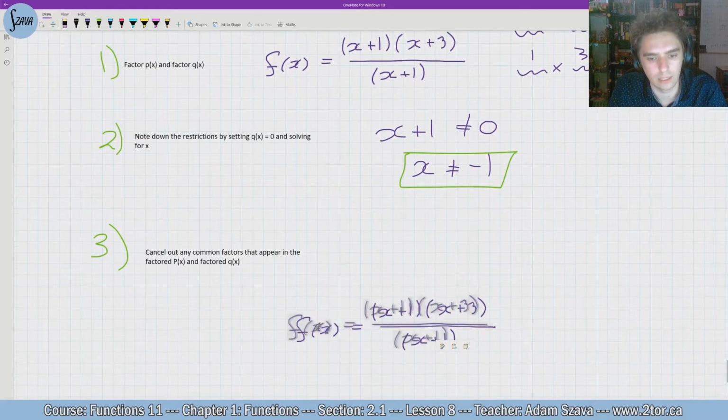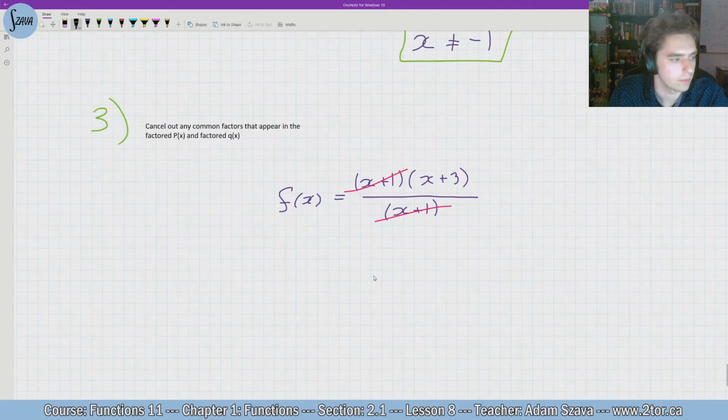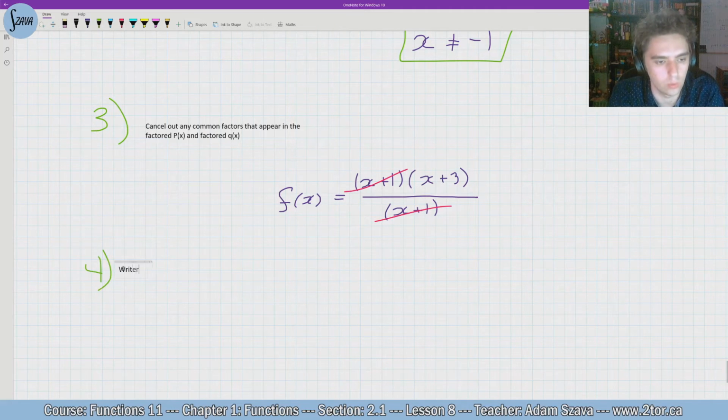Cancel out any common factors. We have common factors, x plus 1 and x plus 1. And the remaining factors, whatever's left, is your simplified form. Step 4, I guess, is write out the remaining function with restrictions.